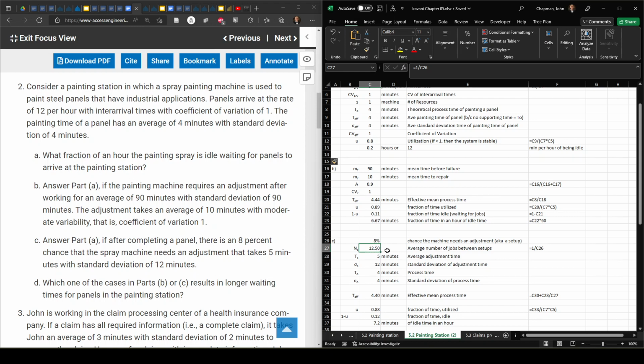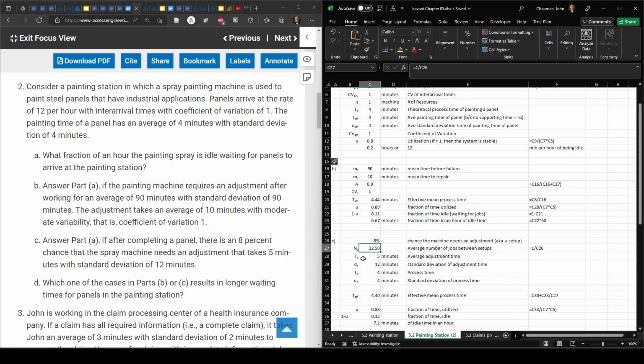So what does that mean? We can take 1 divided by 8%, and that gives us the average number of jobs between setups. And that's pretty key here. The reason we can do that is because of this 8%. There's an 8% chance after completing each panel that there needs to be an adjustment.